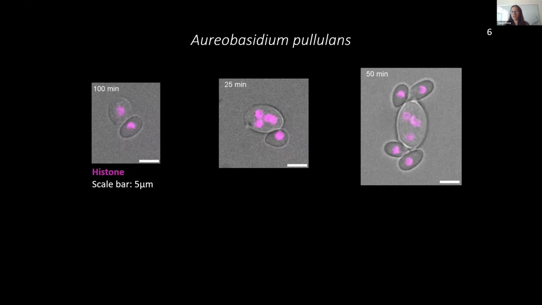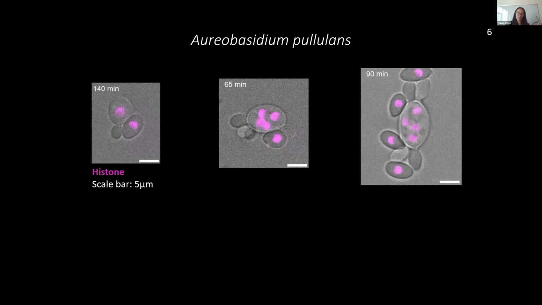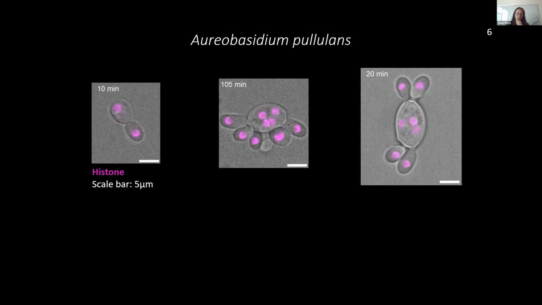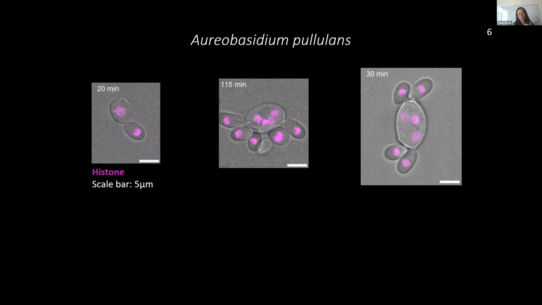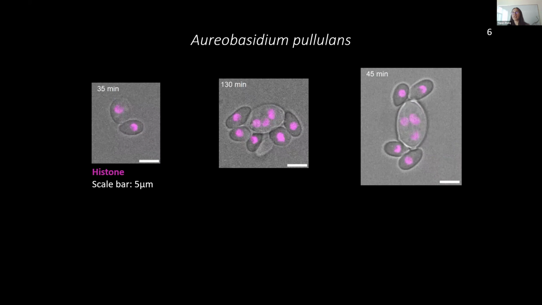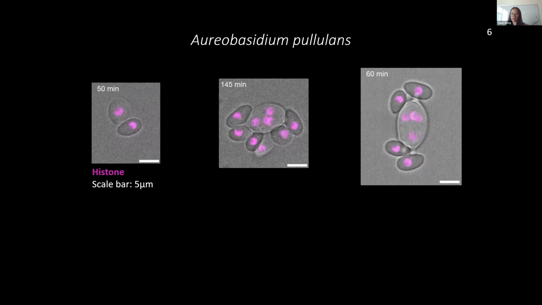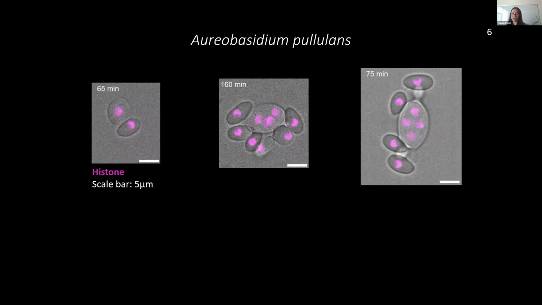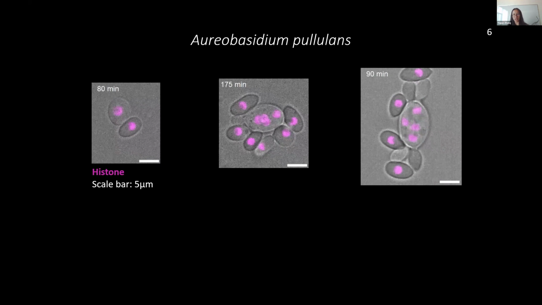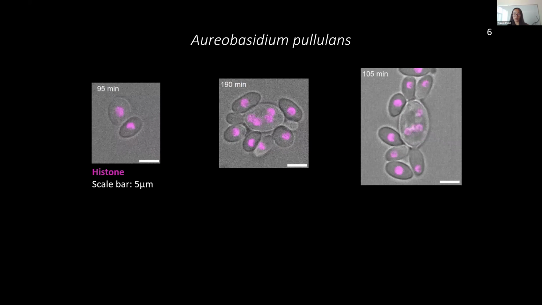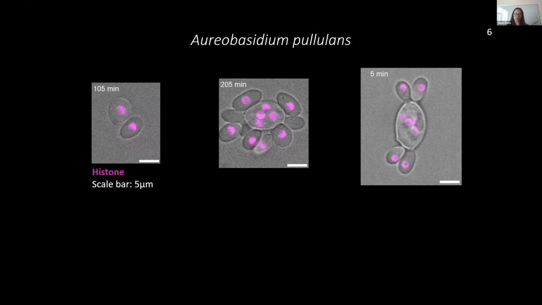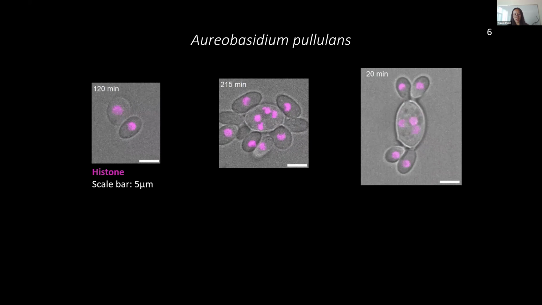I hope you can appreciate that in a single nuclear scenario, it looks very similar to Saccharomyces cerevisiae. And in the multinucleated scenario, the nuclei actually go through the cell cycle quite synchronously. And then at the end of the cell cycle, the bud can inherit one or two nuclei.